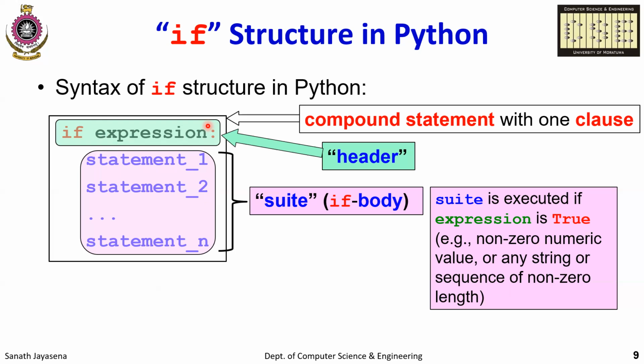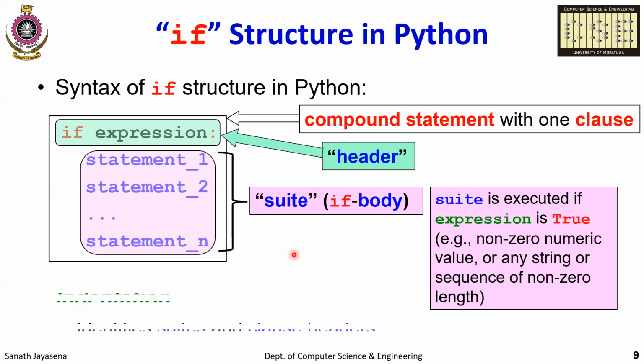A string or sequence of non-zero length will also be evaluated as true. For any of those, statements 1 up to n will get executed. We basically say the suite will get executed.